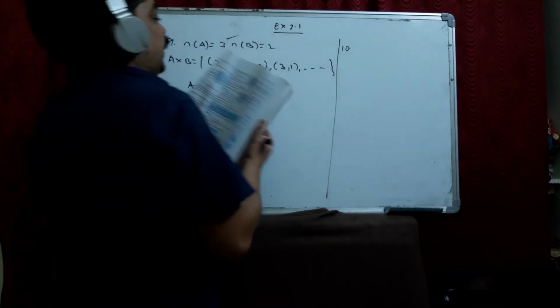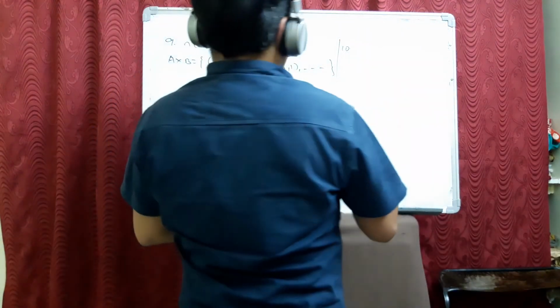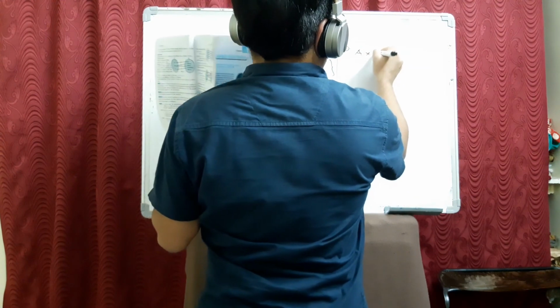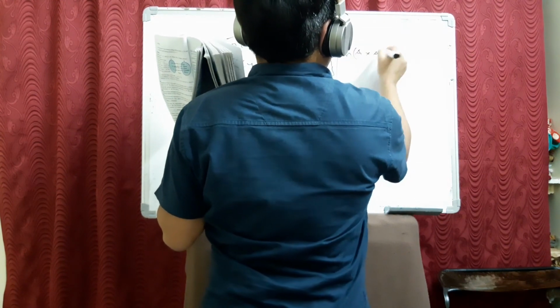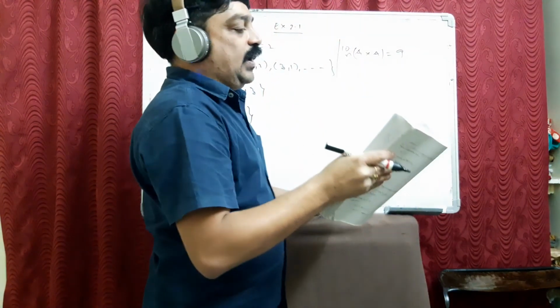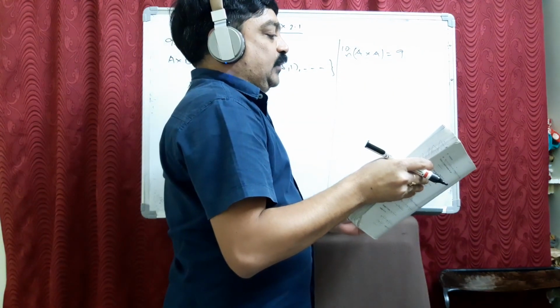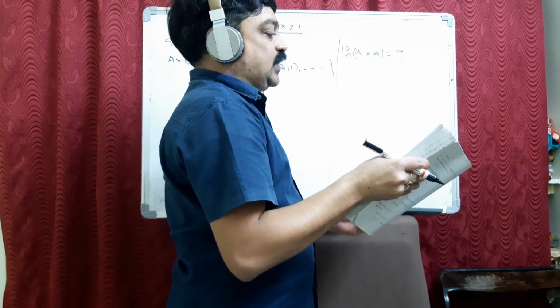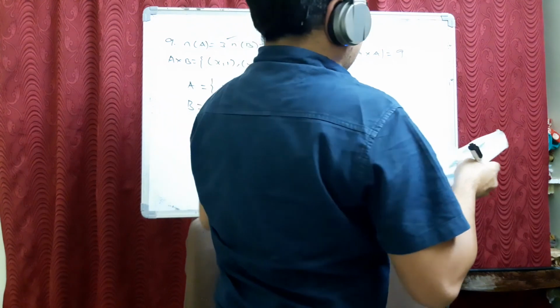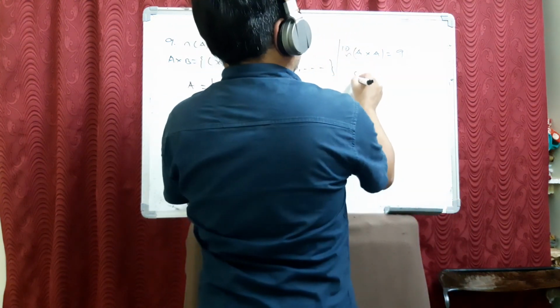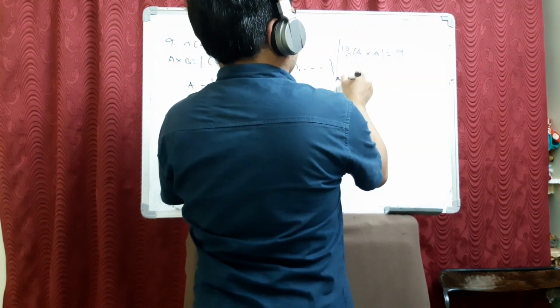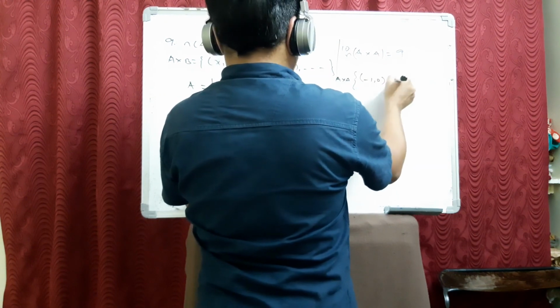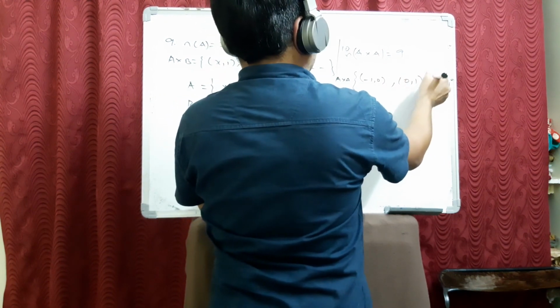The Cartesian product A cross A has 9 elements. N of A cross A is 9, and they told us that -1, 0 and 0, 1 are found in that set. So in that A cross A, -1, 0 and 0, 1 are there.